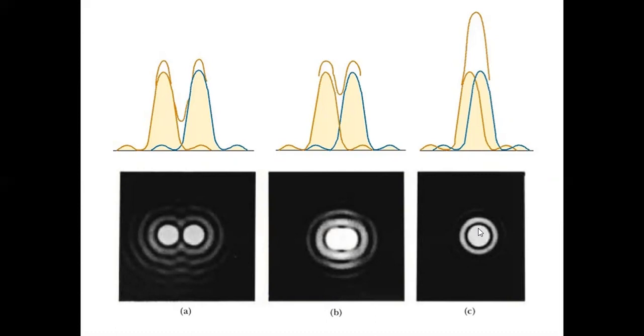Resolving means showing separately. When you look at a mosquito, why can't you see the face of the mosquito very clearly? Can you show the lips, nose, and eyebrows? Eyebrows of a mosquito.